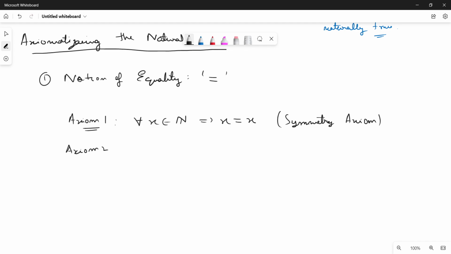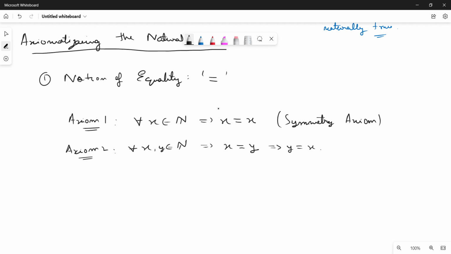Then we move on to axiom number 2: for all x, y natural numbers, if there exist two such natural numbers, then x equal to y implies y equal to x.